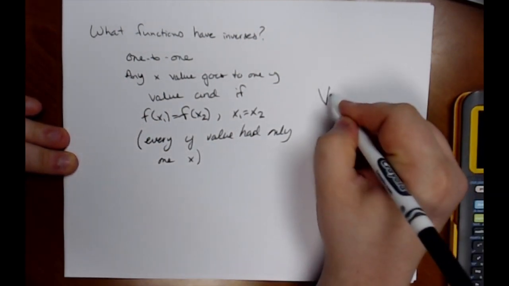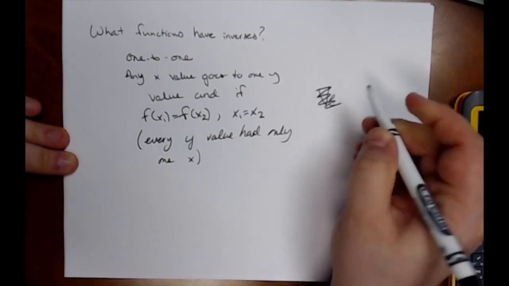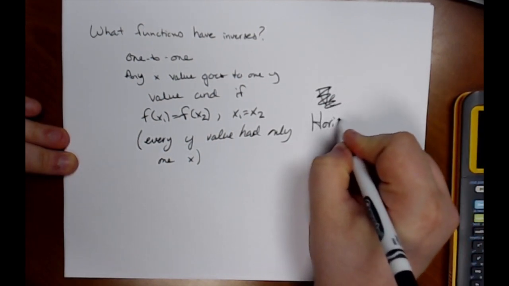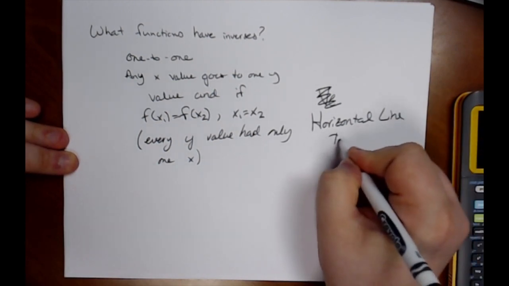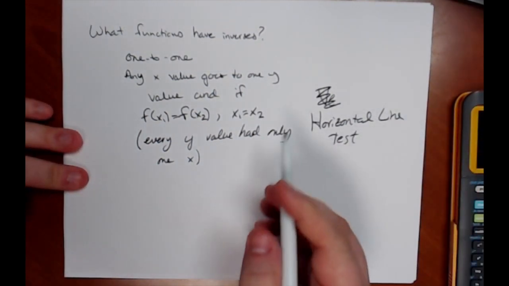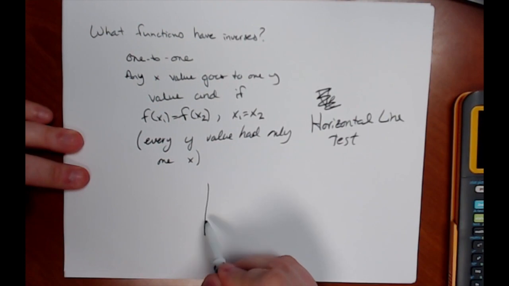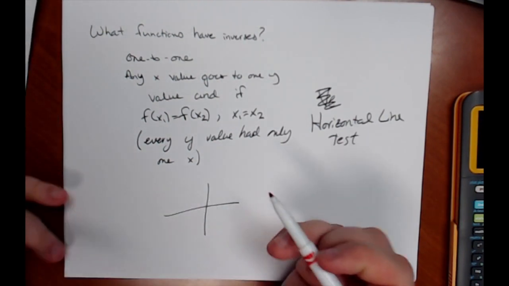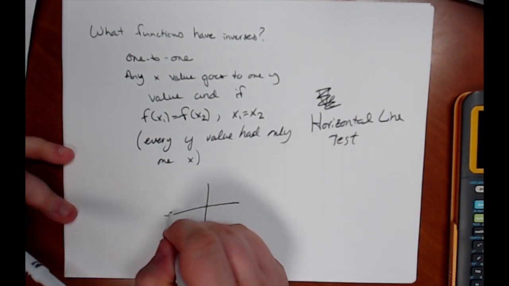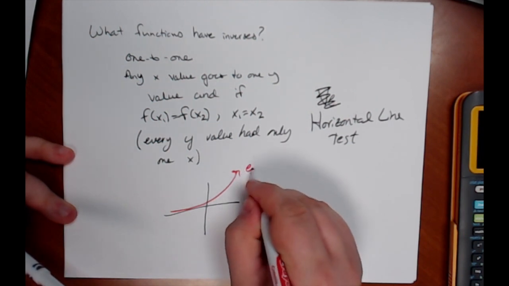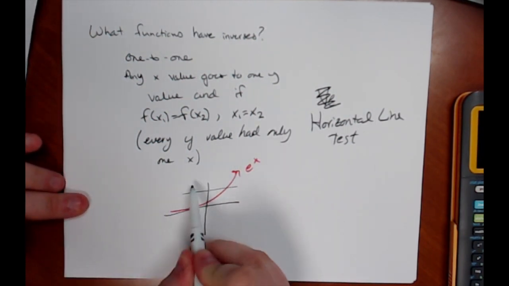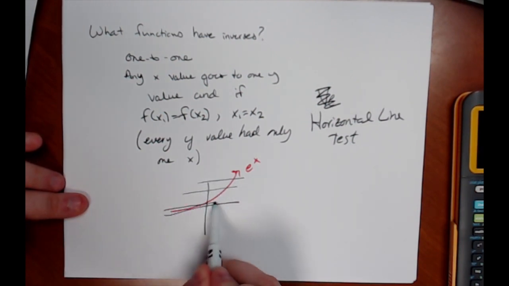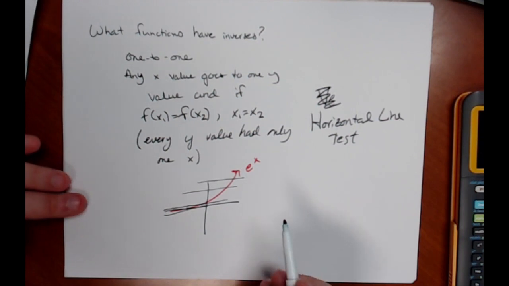And for this we used not the vertical line test, that was for functions, but the horizontal line test. Right? We said that something like e to the x had an inverse because anywhere we drew a horizontal line, it would intersect only once. And even way down here where it looks like it's still only going to intersect once.